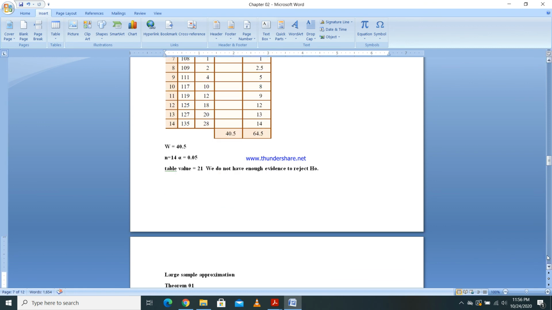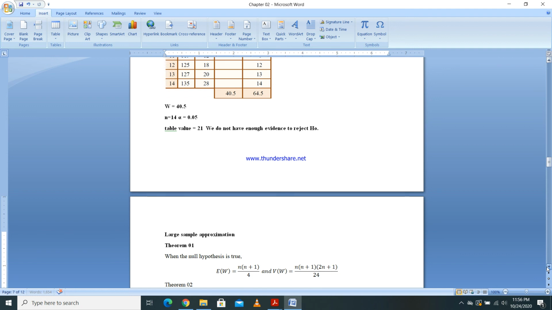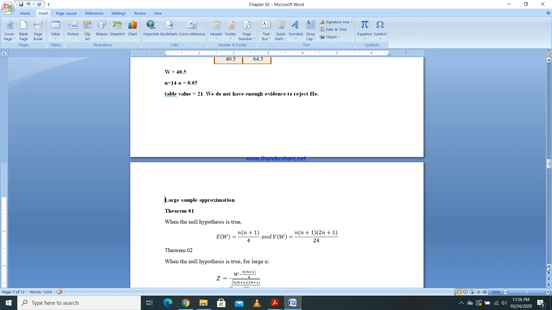Wilcoxon sign rank test. Okay, so as in the sign test, you can use the large sample approximation also, right? At the beginning of the Wilcoxon sign rank test, I showed you the probability mass function of this test statistic.